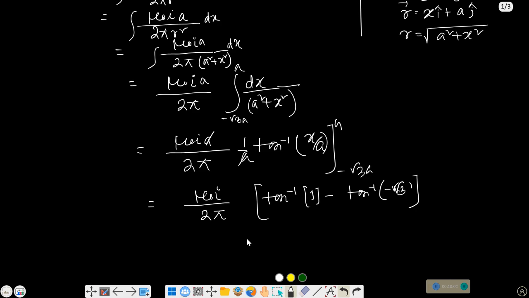As we know, tan inverse of 1 is pi by 4, and since tan inverse of minus x is minus tan inverse of x, minus minus becomes plus, so it is pi by 3.